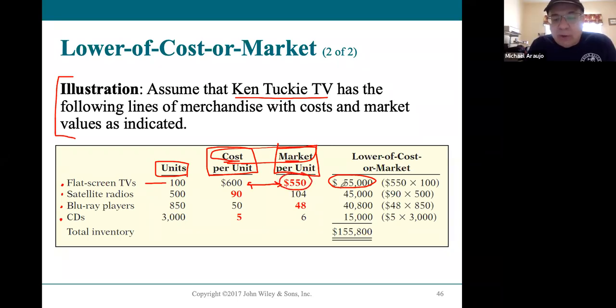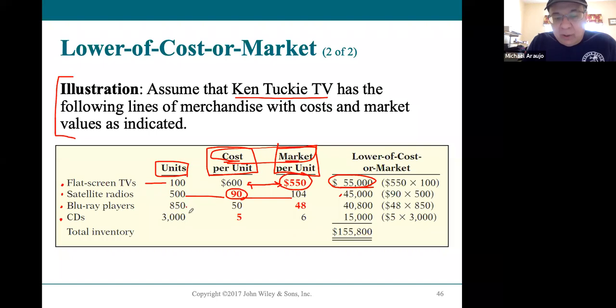And so those 100 TVs would be listed at a value of $55,000 on our balance sheet for the value of inventory. For the satellite radio, again, the cost is lower than the market, so we would use the $90 cost to value those 500 radios that we have in stock, and that's where that number comes in, and so forth and so on.